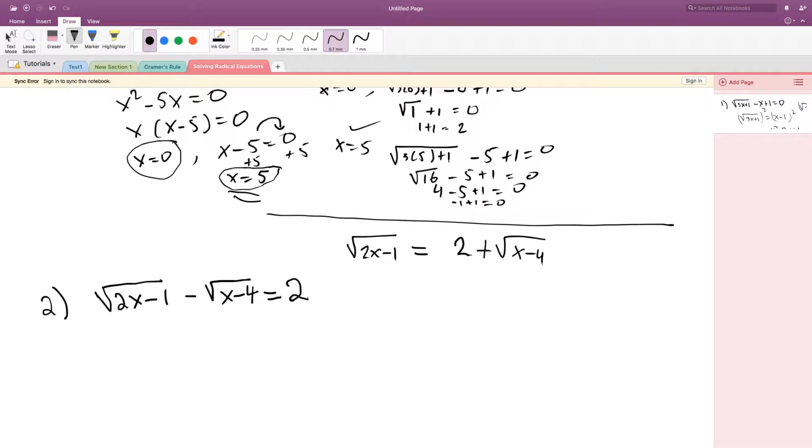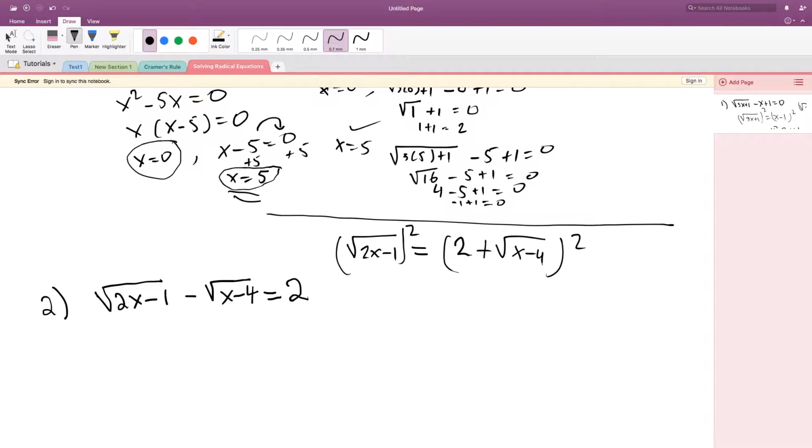Alright, so once you have it this way, you can now square. One of the things you don't want to do is try and square the terms separately. It doesn't work. So the best approach would be to just leave one radical on one side and move everything to the other side.